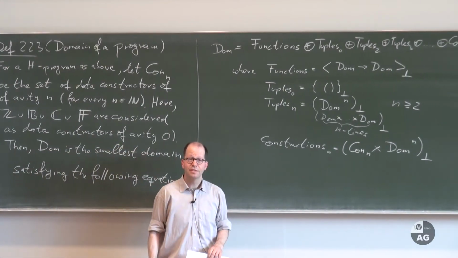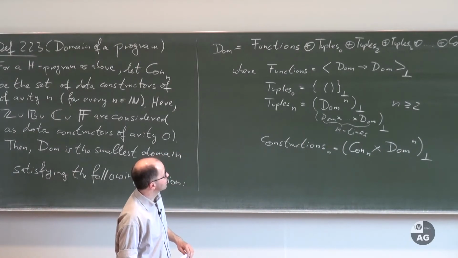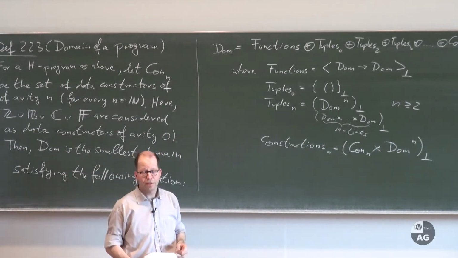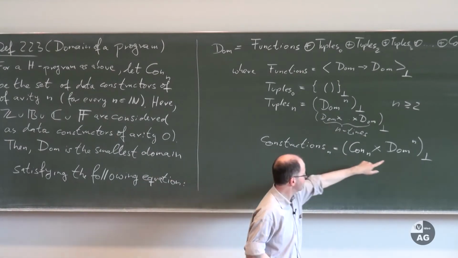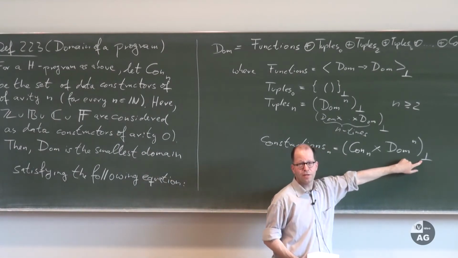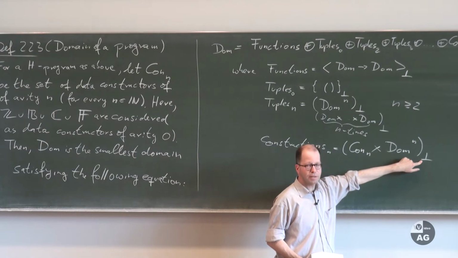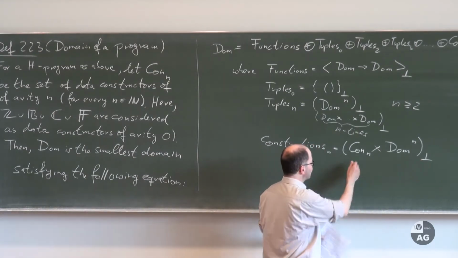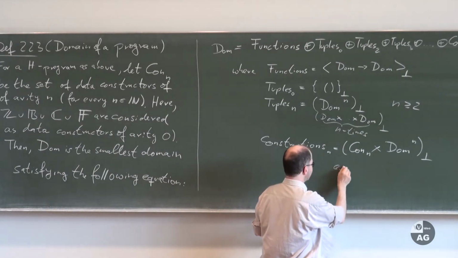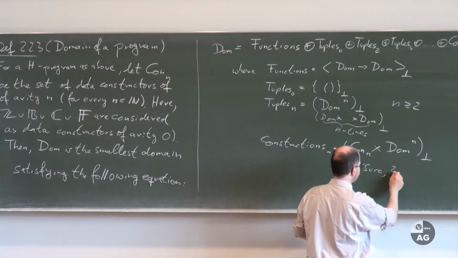Yes? Which one? This big DOM? No, in the last one. This one? Yes, DOM, yes. I lifted it here. Yes, but don't you need something like const times bottom? Const times bottom? Yeah. So, for example, something like suck, comma, 0.